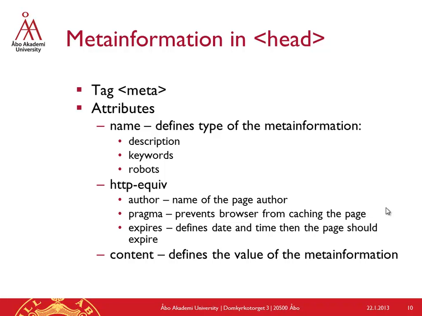With the additional attribute of the meta tag, http-equiv, you can provide additional information, for example, for page caching, if you wish. And of course, don't forget to use the attribute content, because if you provide just name equal to description, you have to provide content equal to the exact content inside.